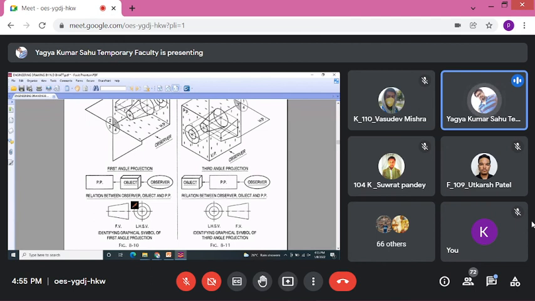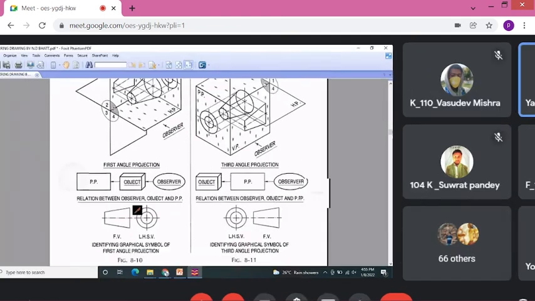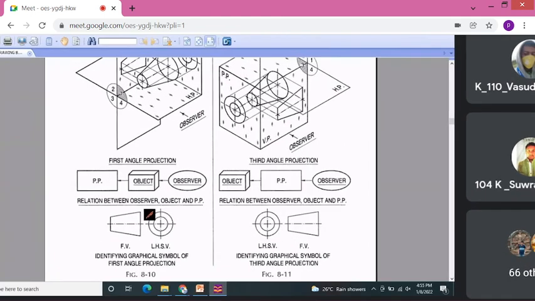If the symbols for that drawing are drawn like this, figure number 8.10, then the angle of projection used will be first angle. So we make a place for this symbol in the title box.